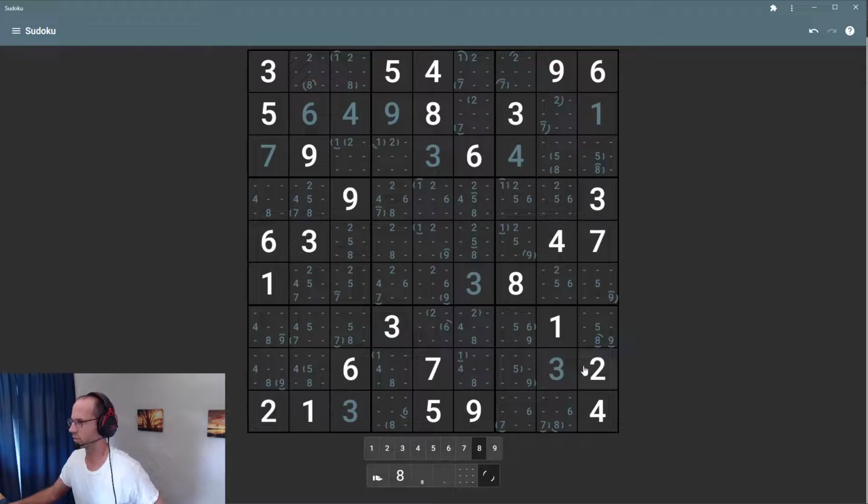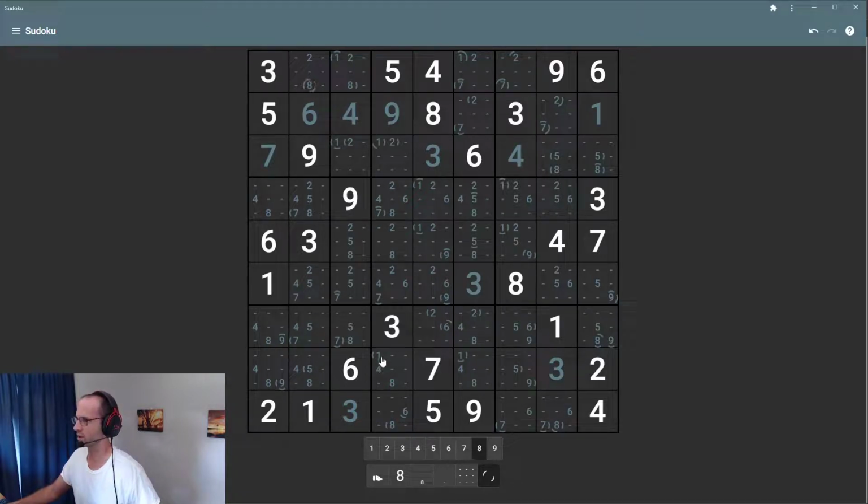I'm looking at this row now. We can place the 1. Oh, the 1, and that made that the 4, because we had the 1, 4 pair down here. That's a 2, 8, and this ended up being an 8, so that's a 2.